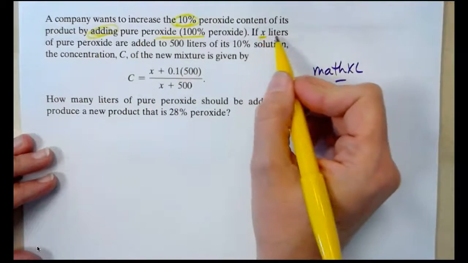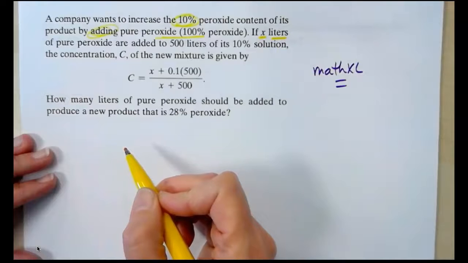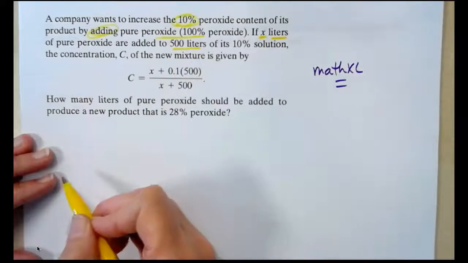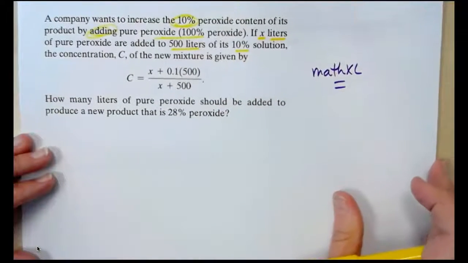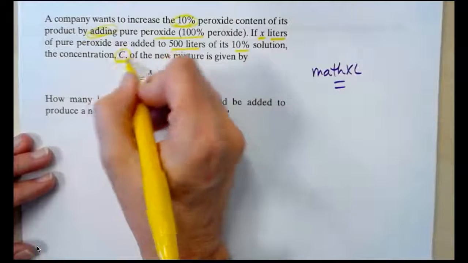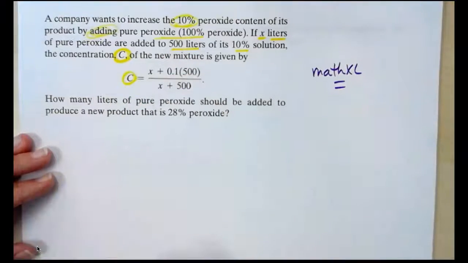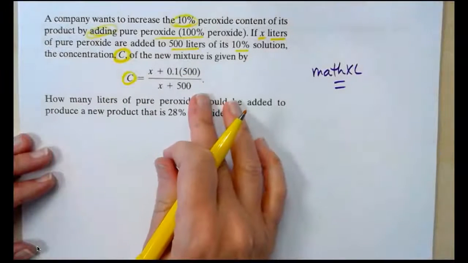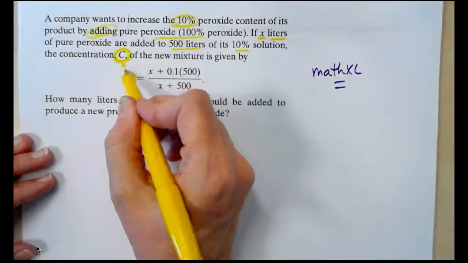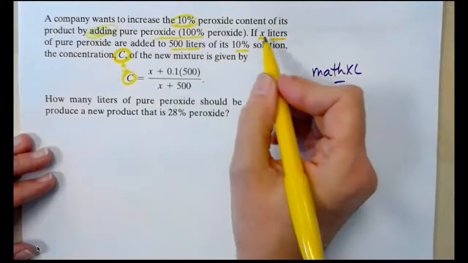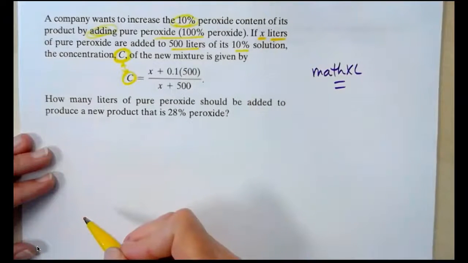If X liters of pure peroxide are added to 500 liters of its 10% solution, the concentration C of the new mixture is given by this model. Remember, C is concentration. X is the number of liters.